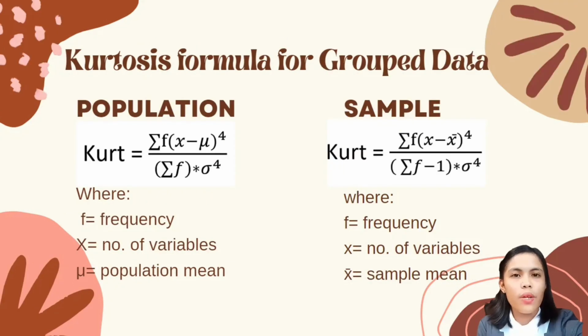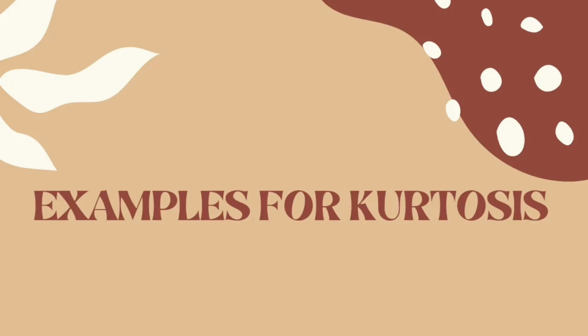Next is the formula in solving a sample for grouped data: summation of frequency times x minus sample mean raised to the power of 4, over summation of frequency minus 1 times standard deviation raised to the power of 4, where f is the frequency, x is the number of variables, and lastly, the sample mean.